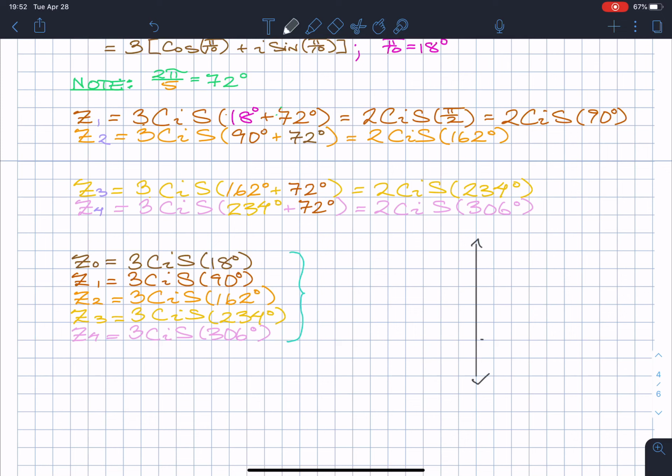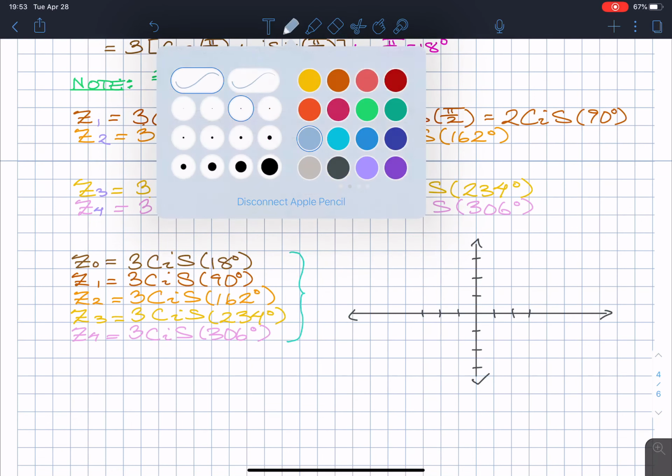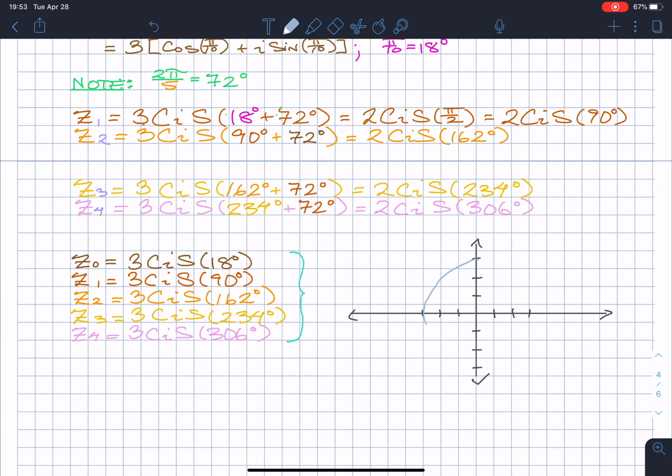So 1, 2, 3. Okay, let's draw our circle of radius 3, something like this.